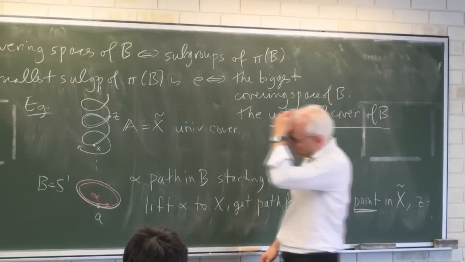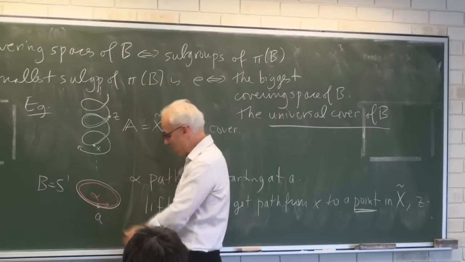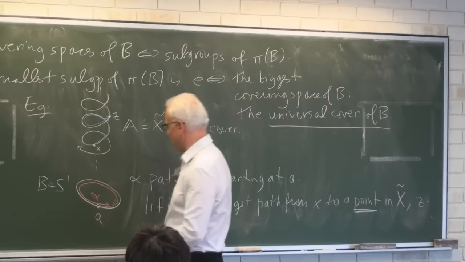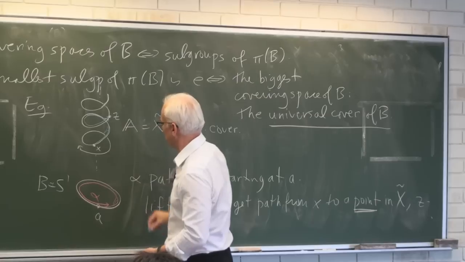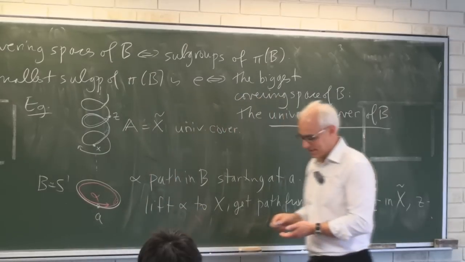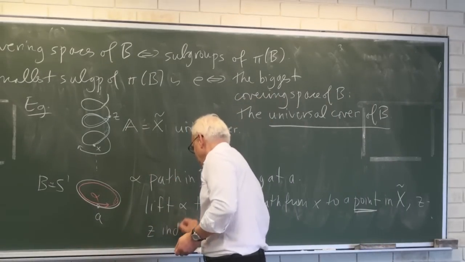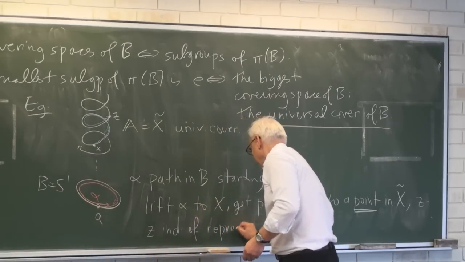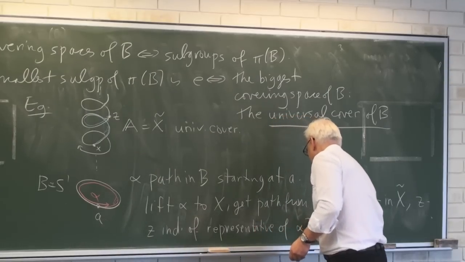Now if we change the homotopy class of this path alpha, if we wiggle this path alpha around a little bit, if we change it by making it something homotopic, looping around a little bit, well, the effect is not going to do anything much to this thing here. There will be a corresponding little homotopy up here, but we're going to end up with the same point Z. So Z is independent of the representative of the class of alpha.